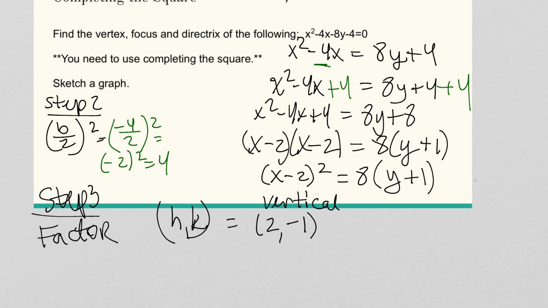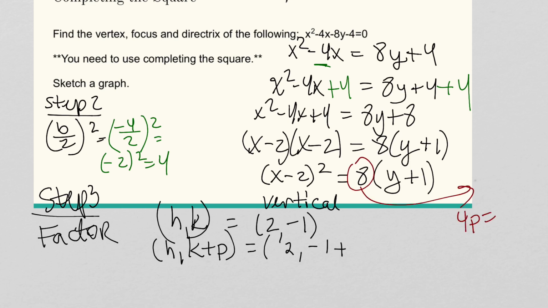My focus here is h comma k plus p. So my h is 2, my k is -1, but what is my p here? Well, my p is coming from this. So 4p equals 8, my p is 2. So I'm going to have it as plus 2 here.